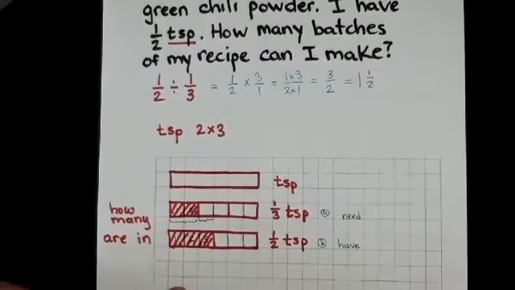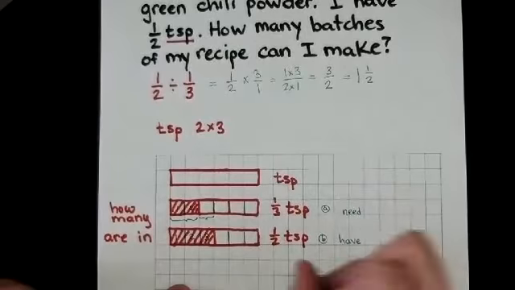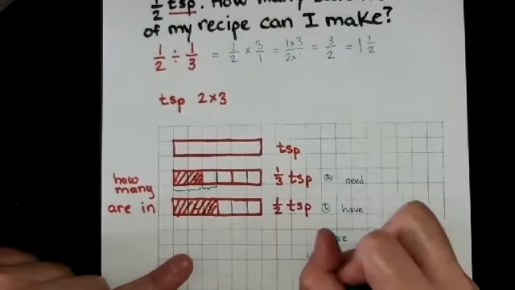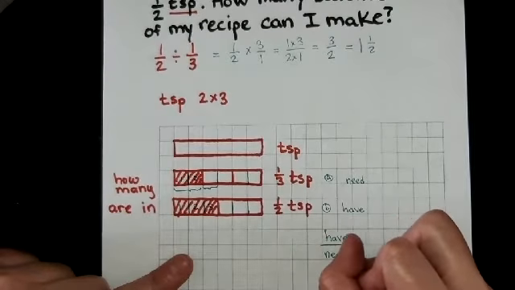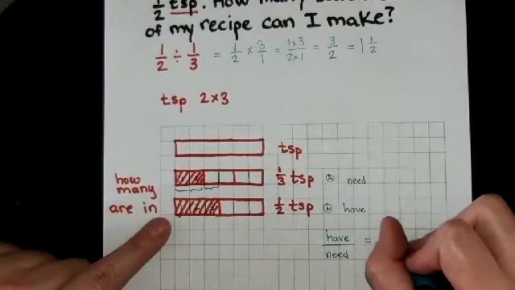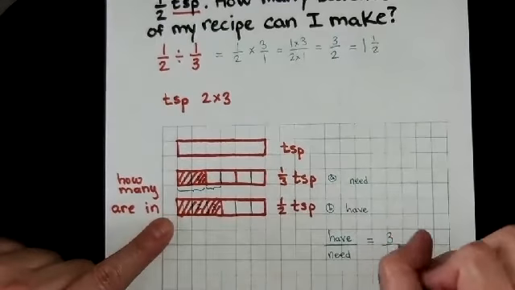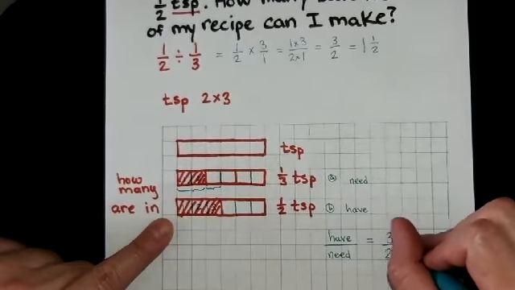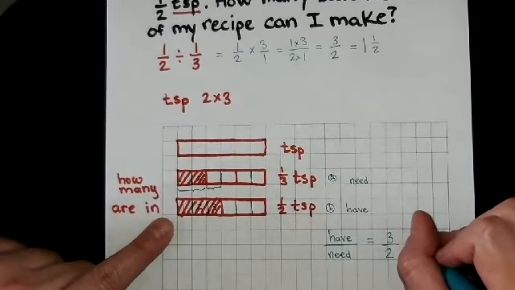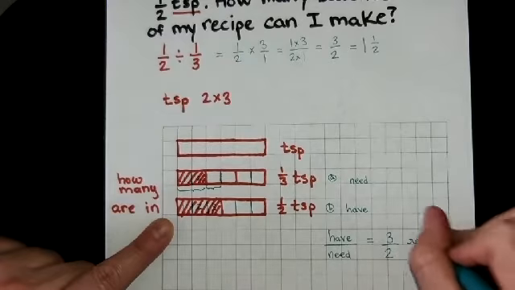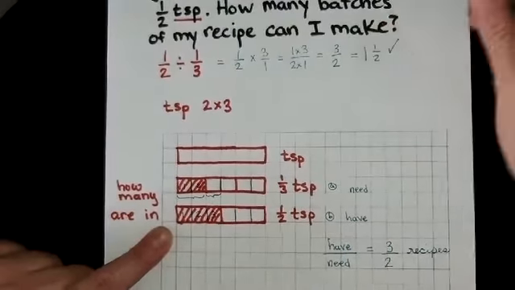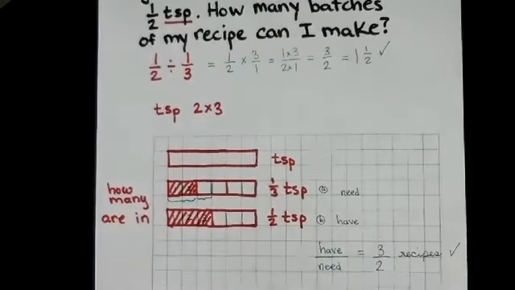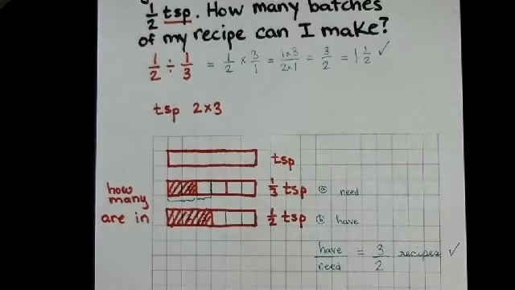And if we form a fraction of have over need, then we have 3 parts. We need 2 parts. And again, we end up with 3 halves recipes. So we've matched our math drawing with the standard algorithm.